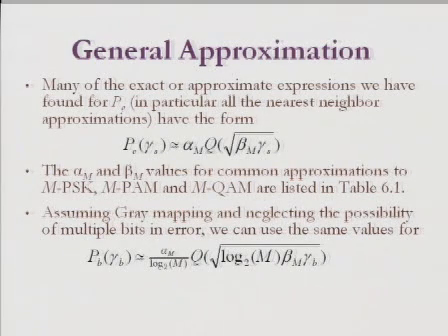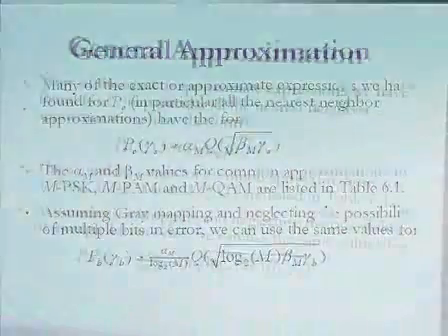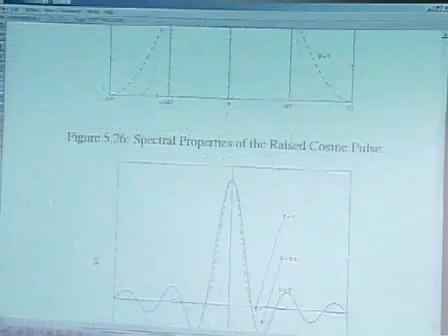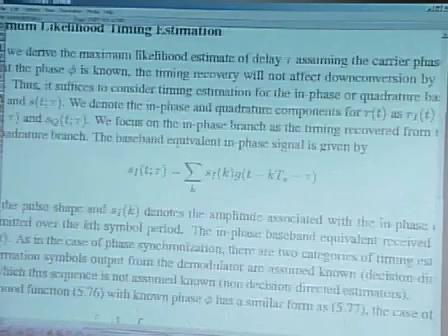It's some coefficient alpha, which depends on the type of constellation, so I'm calling it alpha M, times the Q function of some other coefficient, beta, which also depends on the constellation, beta M, times gamma s. So these alphas and betas are tabulated for your convenience in Table 6.1, which I shall look to put up.